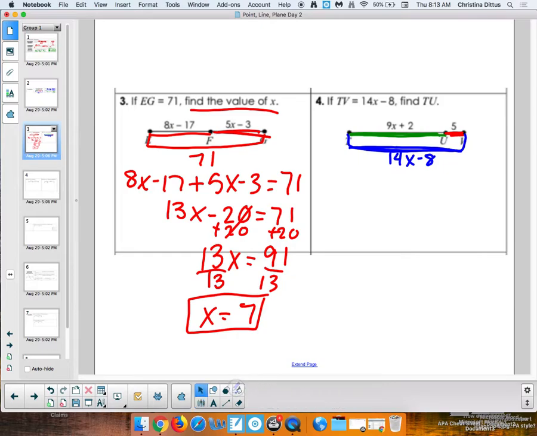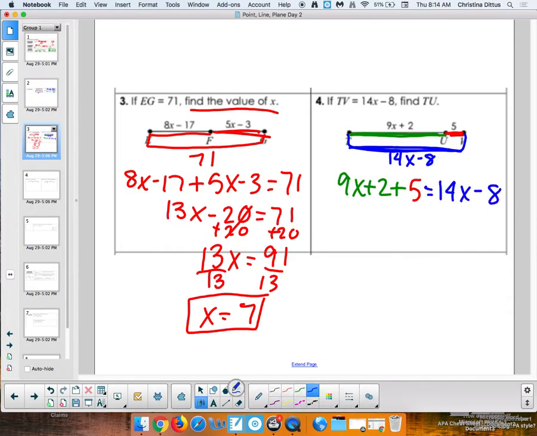So let's take our green chunk, our 9x plus 2, and add our red chunk, which is 5. And that has to equal our whole line, our blue chunk, 14x minus 8. Our two smaller parts have to equal the big part.